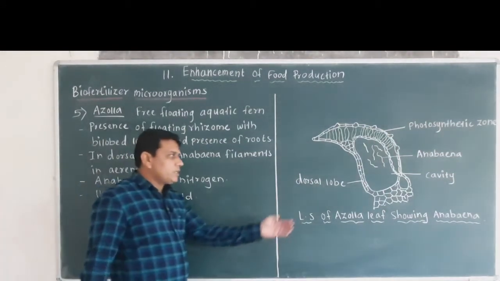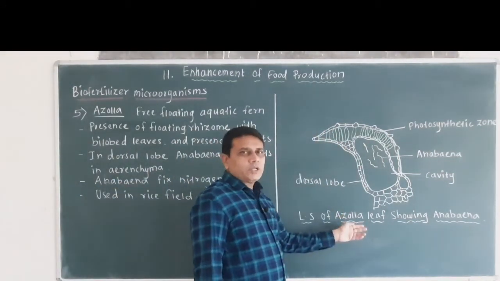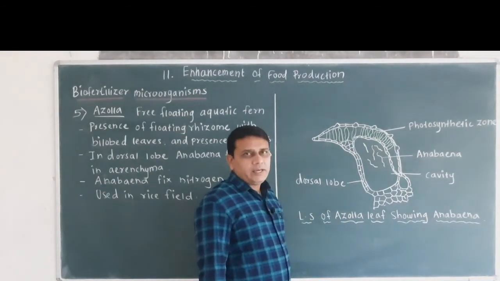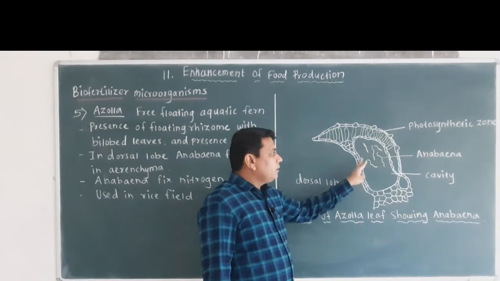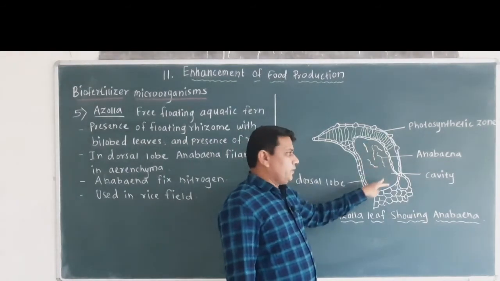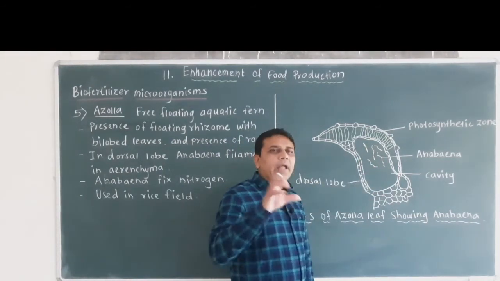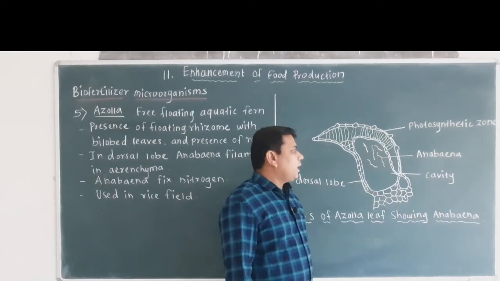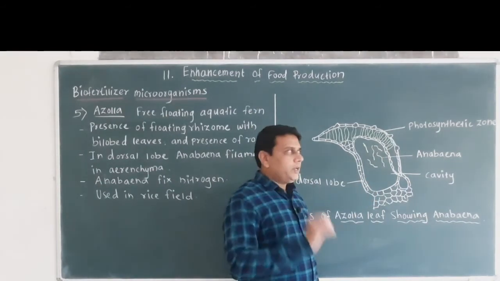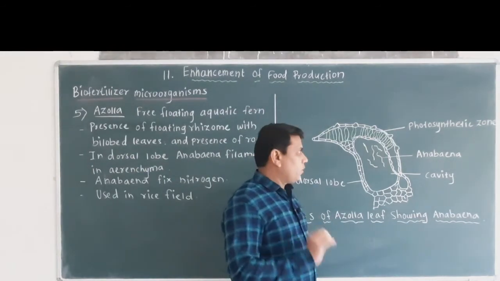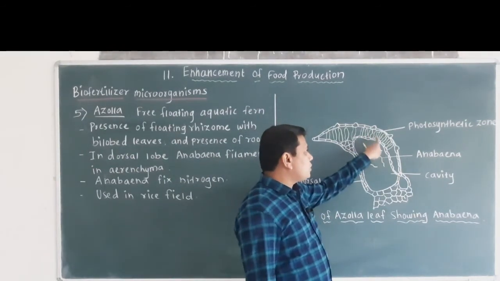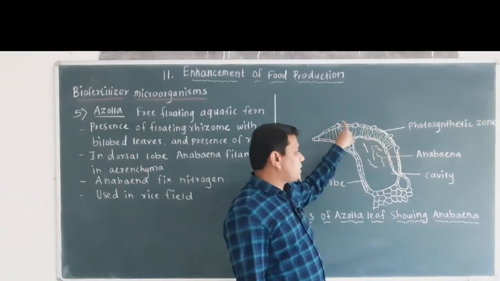Now here is the longitudinal section of Azolla leaf. Here we can see the dorsal lobe, and inside this leaf a large air cavity is present, and in this cavity the filaments of Anabaena are found, and here is the photosynthetic zone, that means here chloroplasts are present.